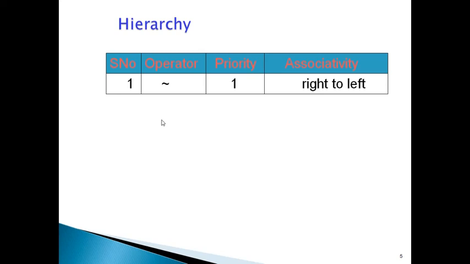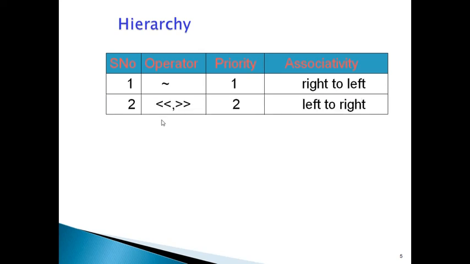Ones complement operator has the highest priority, and the associativity is right to left. Left shift and right shift operators have the second priority, with left to right associativity.